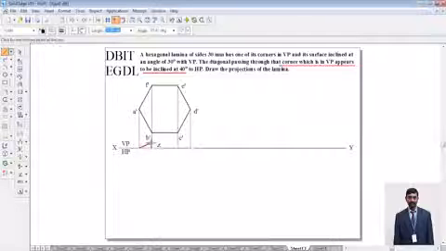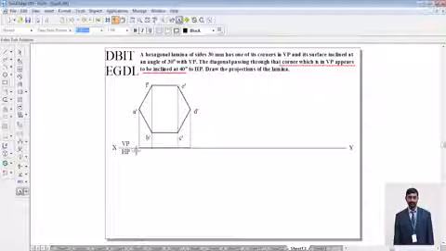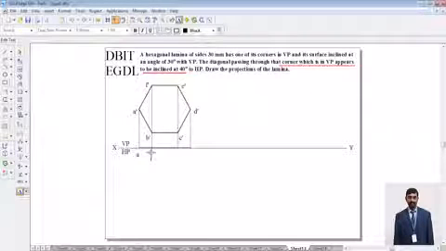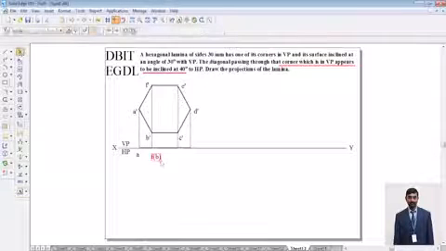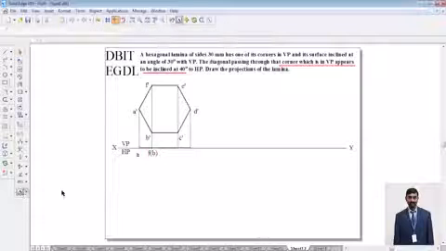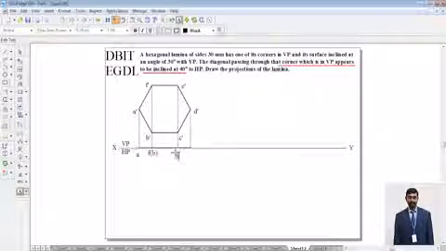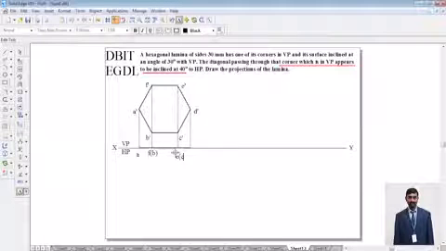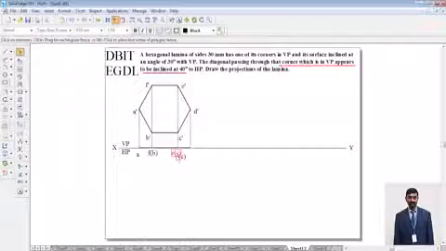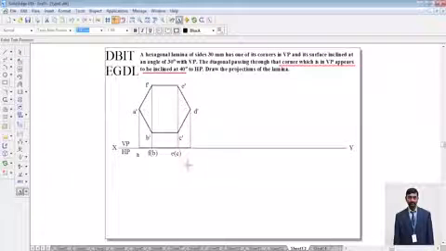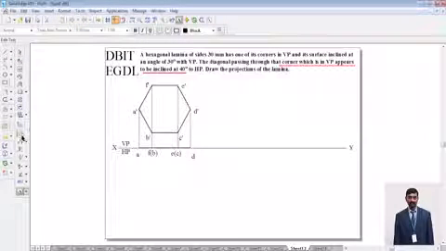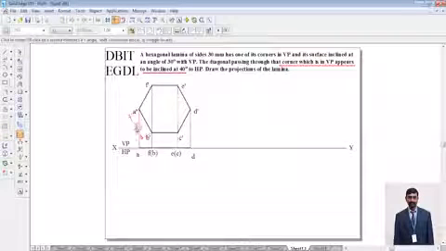I'm going to join each and every endpoint, and I'm going to name this A, this F, since F is visible, and next E, and next is D. So this is a hexagon of 30 mm side.